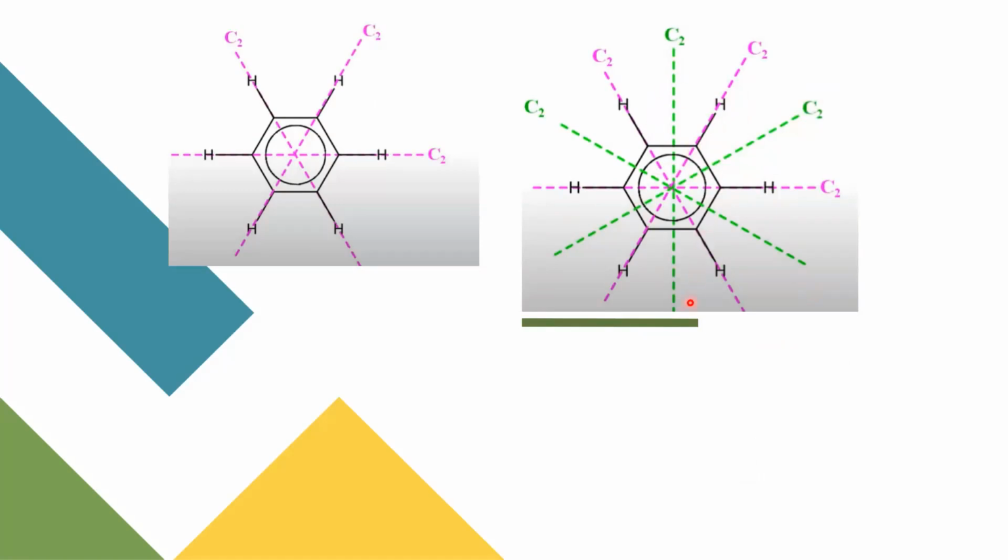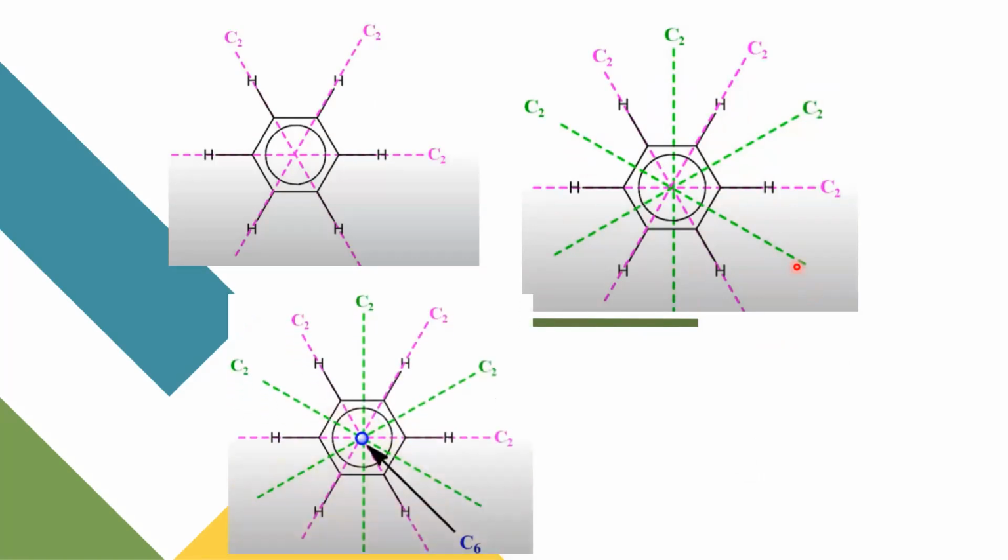So there is another set of C2 axes, right? And in addition, we have the C6 in the center of the molecule. So altogether, there are 6 C2 rotation axes, and one C6 rotation axis. So C6 is the principal rotation axis.